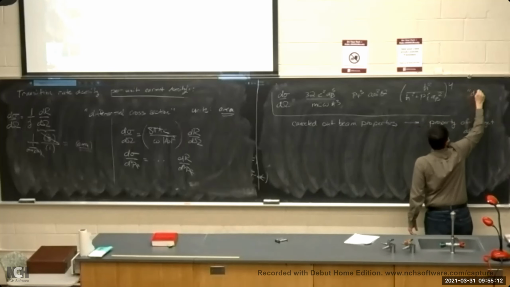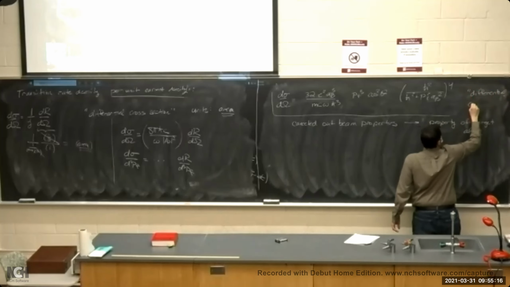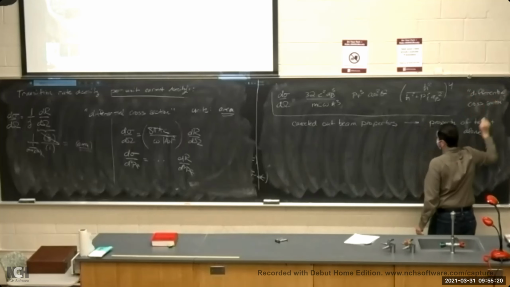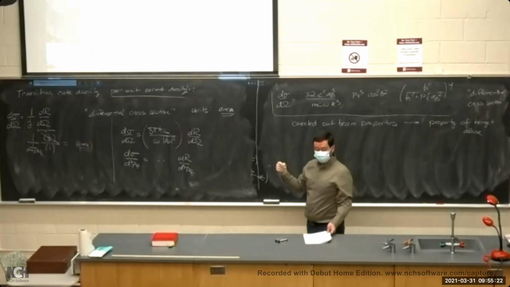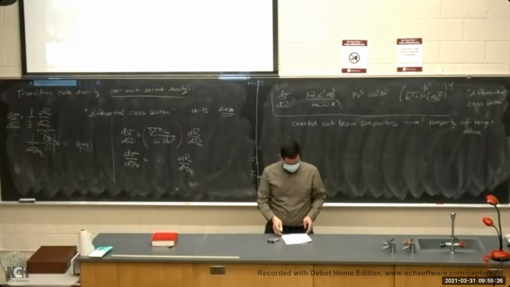This is referred to as a differential cross section. And the cross section is the elementary ingredient, the elementary observable that we calculate in scattering theory.